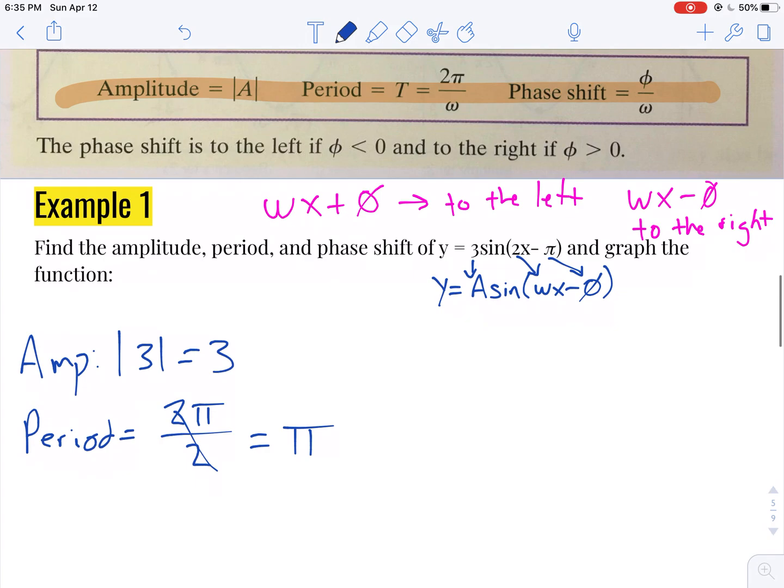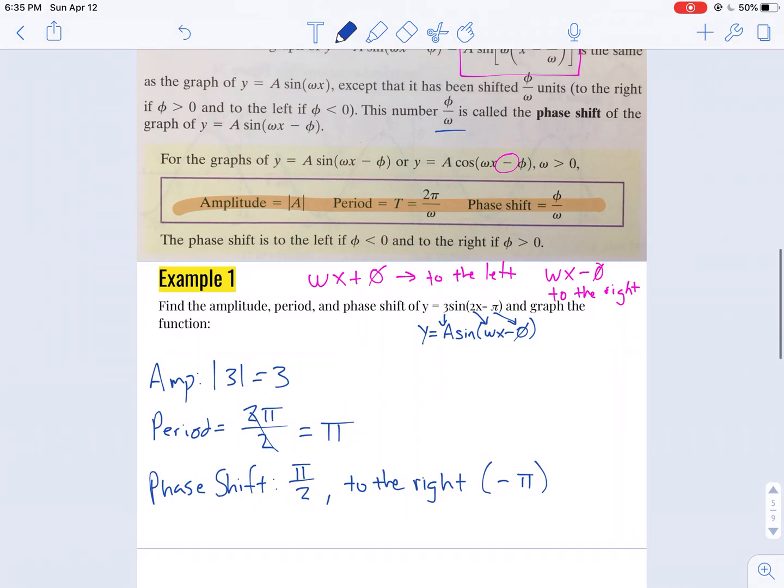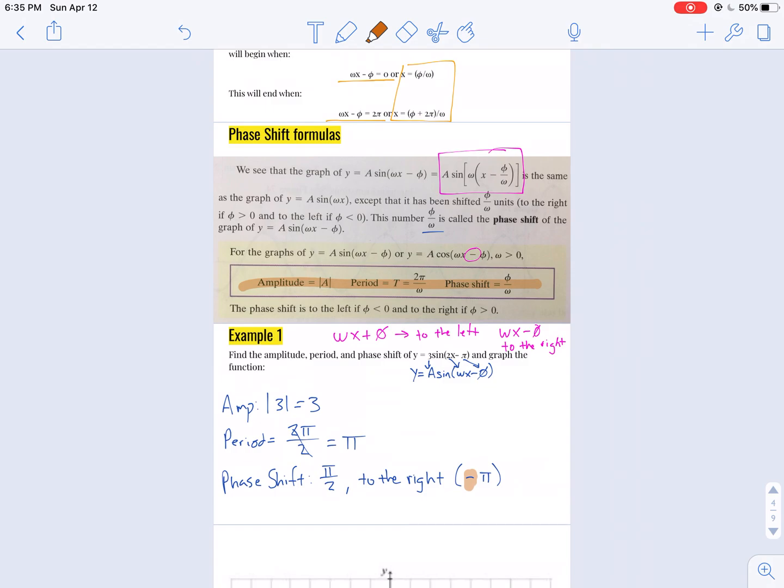And then finally, my phase shift is phi over omega, which in our case is pi over 2. And then I have minus phi, so that means that it is to the right. And I'm even going to put that minus pi, and I'm really going to highlight that minus aspect to let you know that's how I know it's to the right.